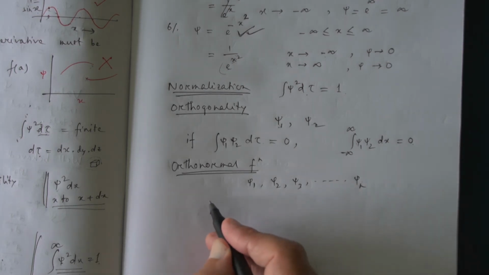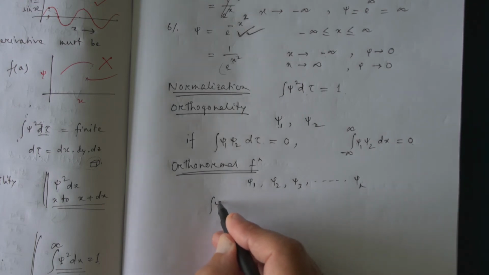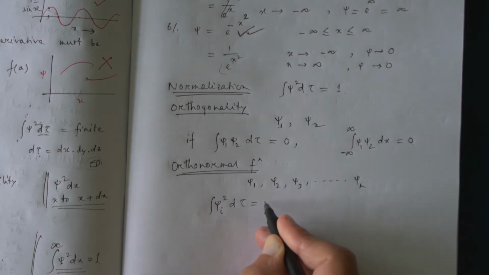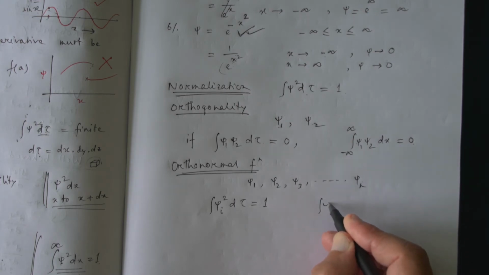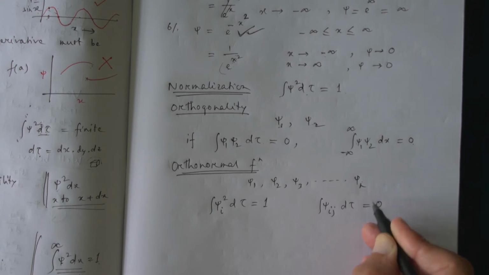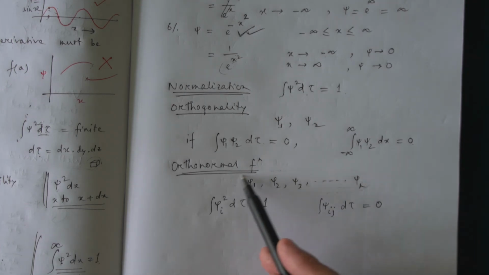Now if each function is normalized, say the integral of psi i square d tau is 1, each function is normalized, and any two functions psi i, psi j are orthogonal, then we say that this is an orthonormal set of functions.